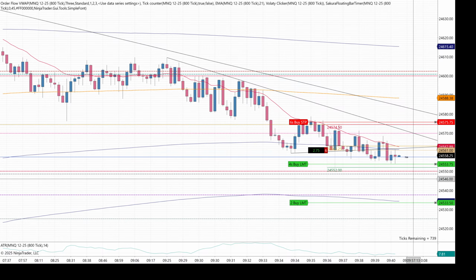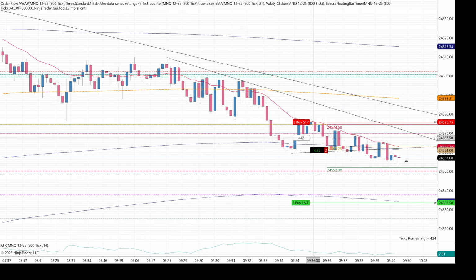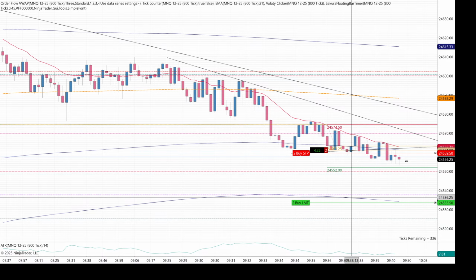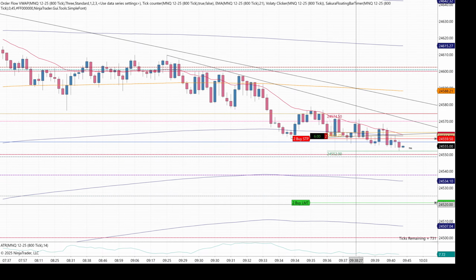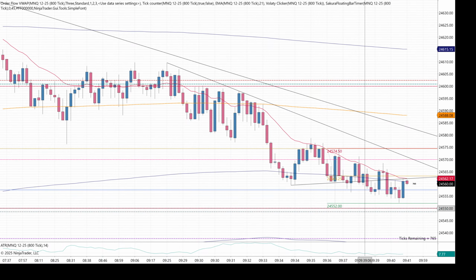This is comical at this point, right? There we go. All right. Break even. See if the runner can run. All right, no runner. But good trade. I'm glad you were able to capitalize on that.